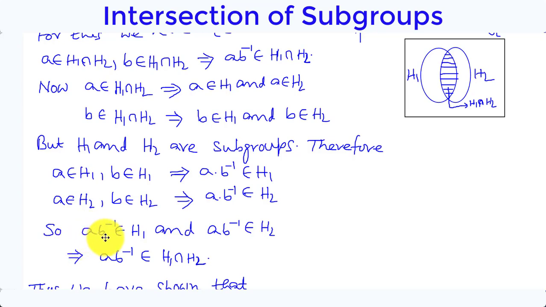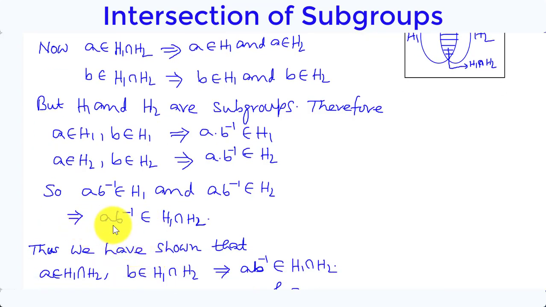So, A into B inverse belongs to H1 and A into B inverse belongs to H2 both, implies that A into B inverse belongs to H1 intersection H2.